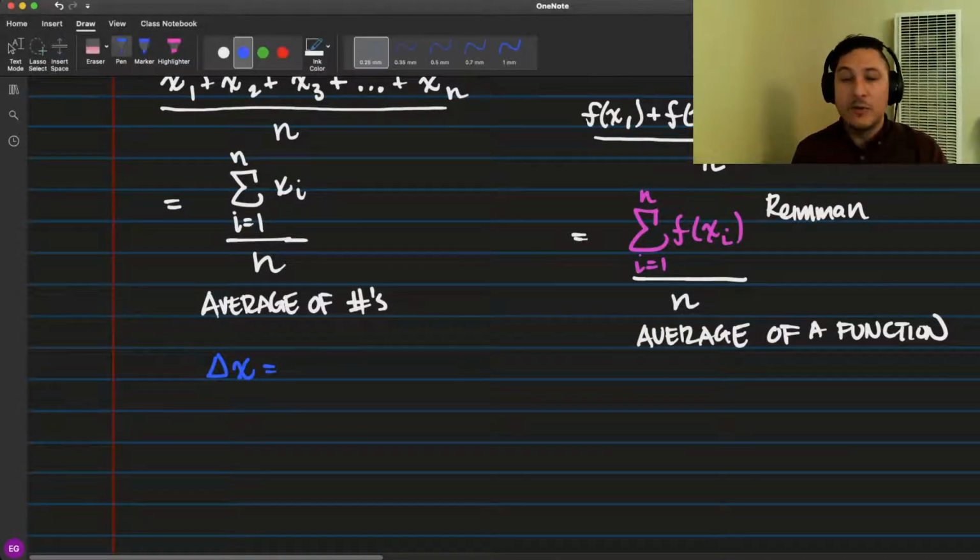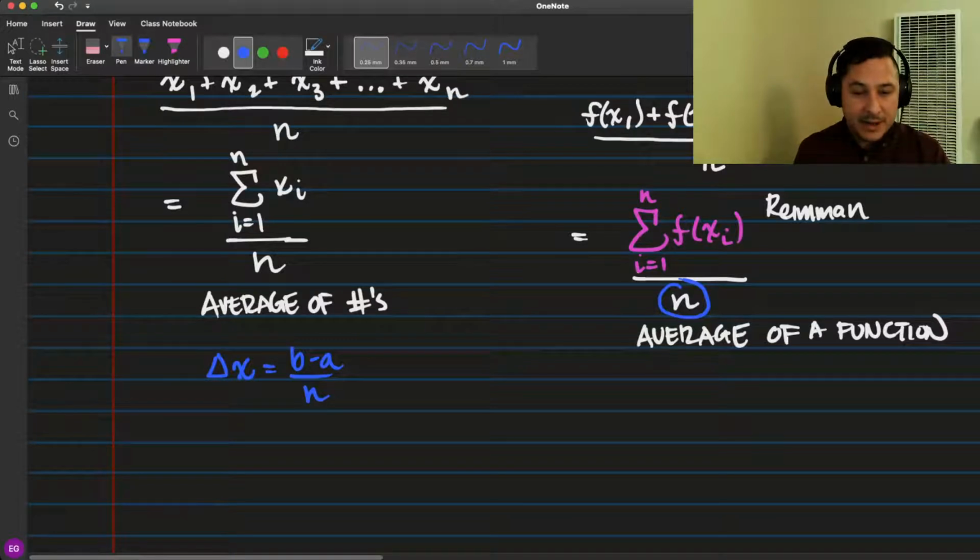B minus a over n. And we have an n here. We could solve this equation for n. N is equal to, if we multiply both sides by n, cancel, and then divide both sides by delta x, we get that n is equal to b minus a over delta x.